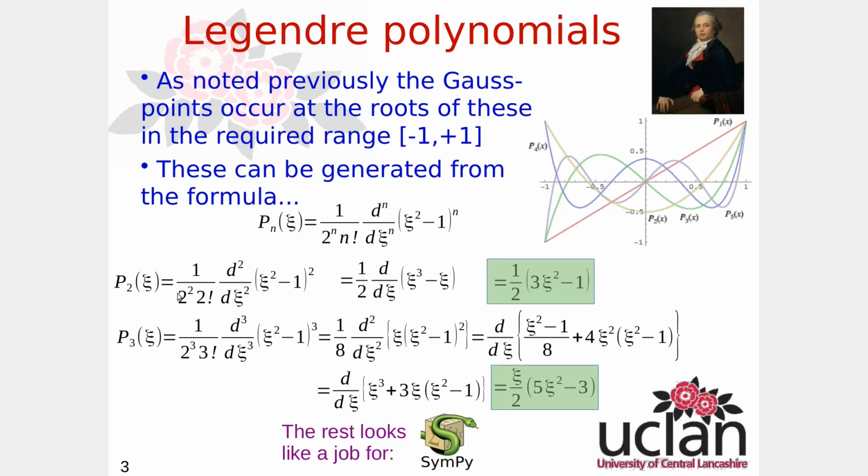This is where the 2's are gone, we just remain with a half, and then we'd differentiate again to get 1/2 times (3c squared minus 1). We then ask what the roots of these are, and this will tell us the Gauss points for the linear case. It needs the Legendre polynomial above this, and we can see that this would be plus or minus the square root of 1 over 3.